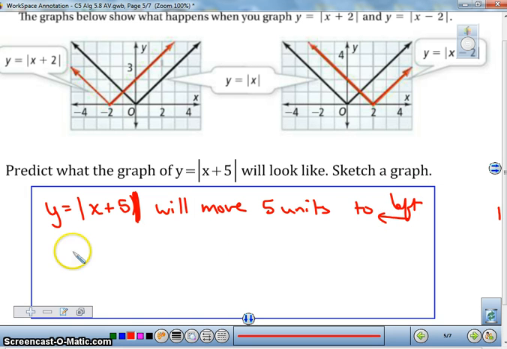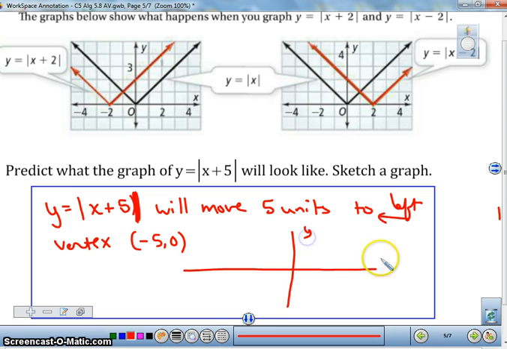If we are thinking about that, our new vertex, instead of it being at 0, 0, will now be at negative 5, 0. And the kind of thing you want to think about is what actually makes this y value 0. And negative 5 plus 5 does give you 0. So when we look at our graph, we have our y and x axis. We would have had our parent function, again we'll make ours in black, just like they do up above.